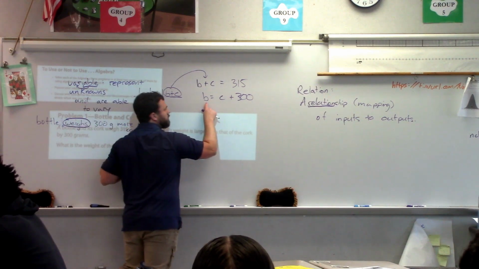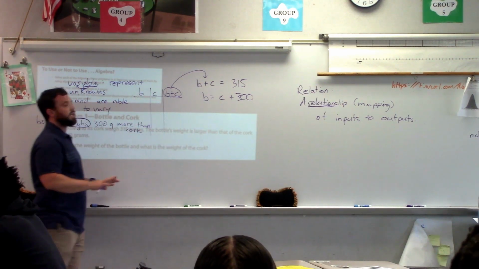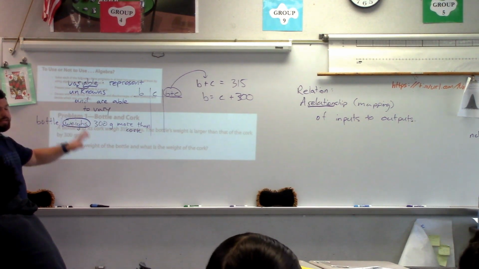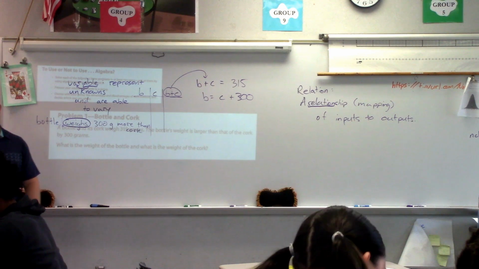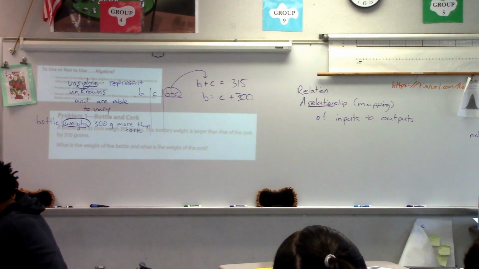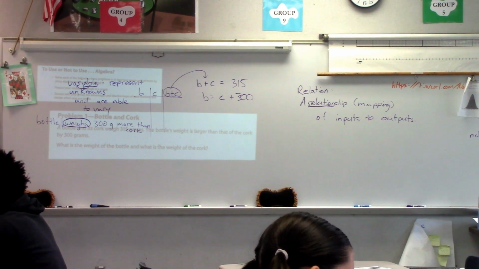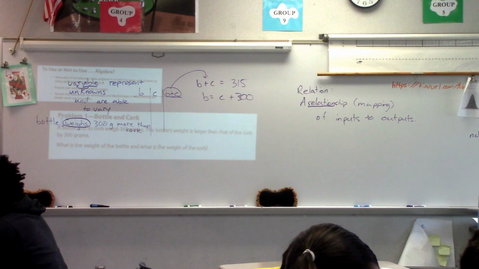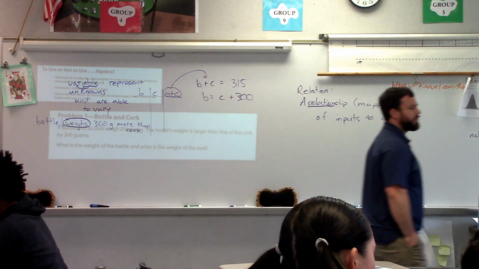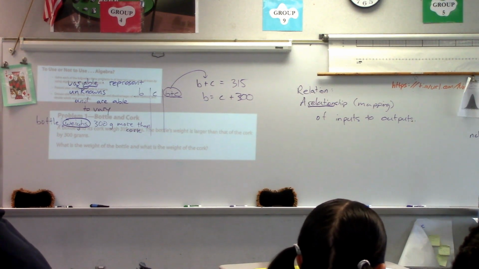This bottle, actually, I'm going to pause for a second. I want you to write down any notes that you need to under the bottle and cork problem based on what we've already discussed. So what do you need to write down to help you remember mathematical representations and how we started this?